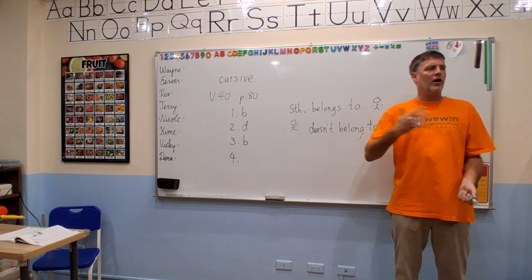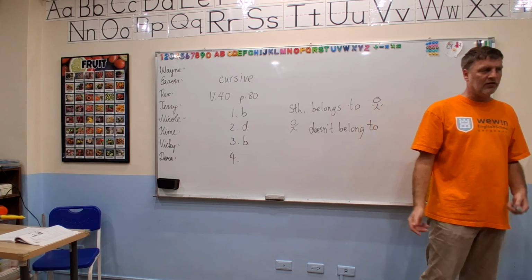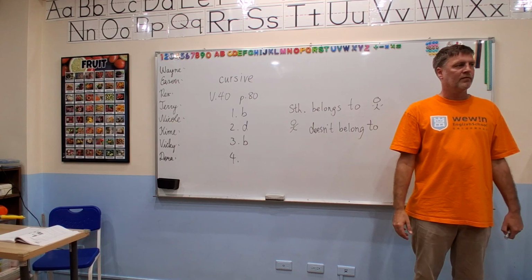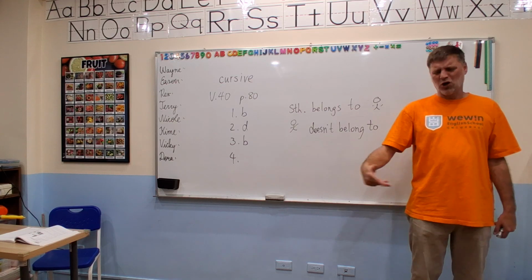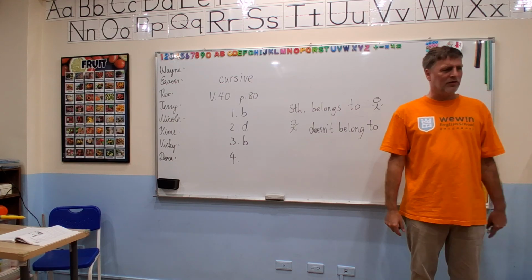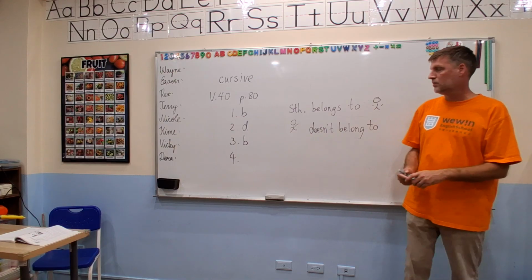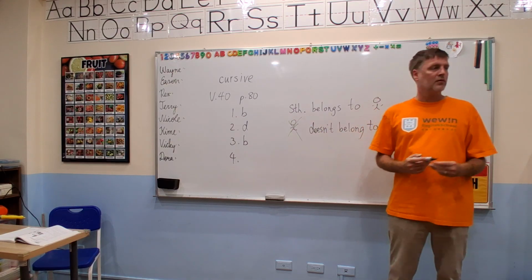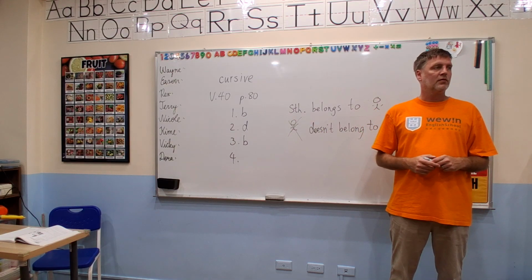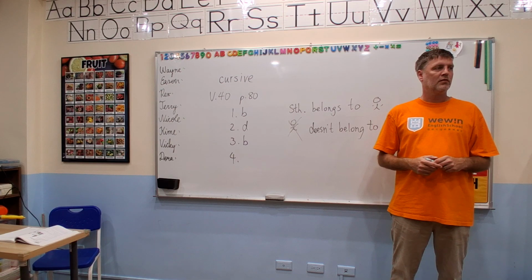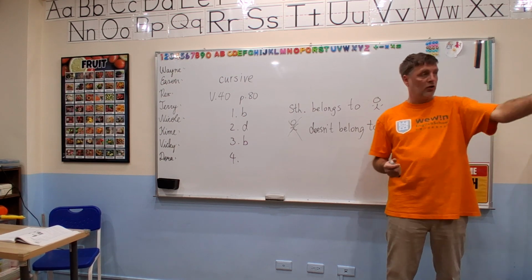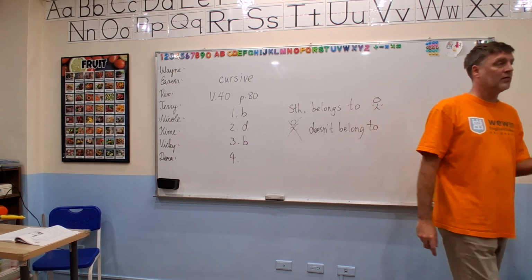Why can I say my wife belongs to me, my son belongs to me, my girlfriend belongs to me, my boyfriend belongs to me? Why can you not have people? Do you belong to your parents?